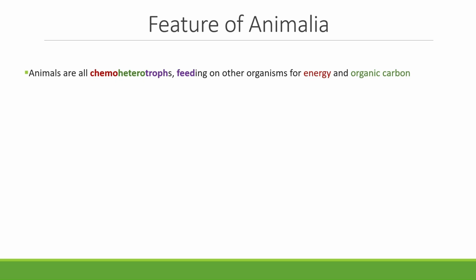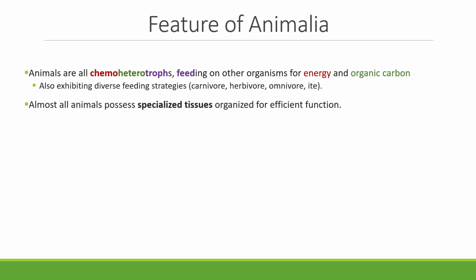All animals are chemoheterotrophs, which means they obtain their energy and organic carbon through consuming other organisms. They display a wide range of feeding strategies, including carnivory, herbivory, omnivory, and parasitism. Almost all animals possess specialized tissues organized for efficient function.